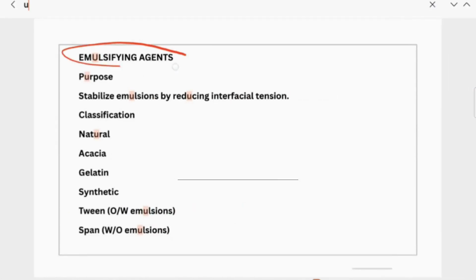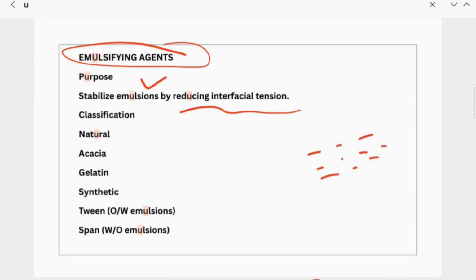Then emulsifying agents, used to emulsify. Especially in case of emulsions, they are used to reduce the interfacial tension, because in emulsions we are using two immiscible liquids, that is mainly oil and water.